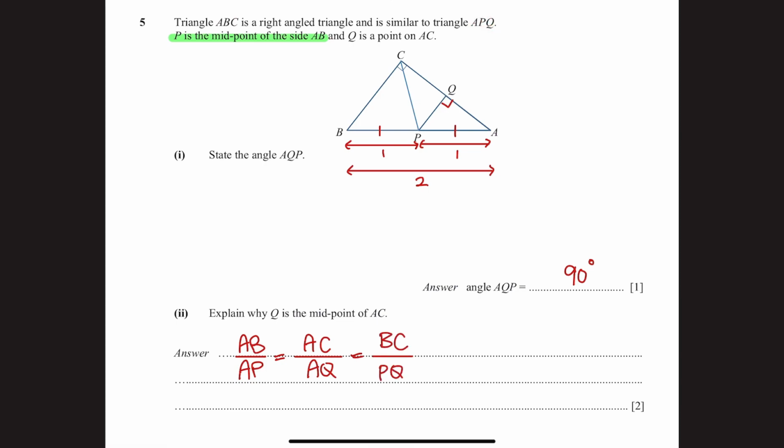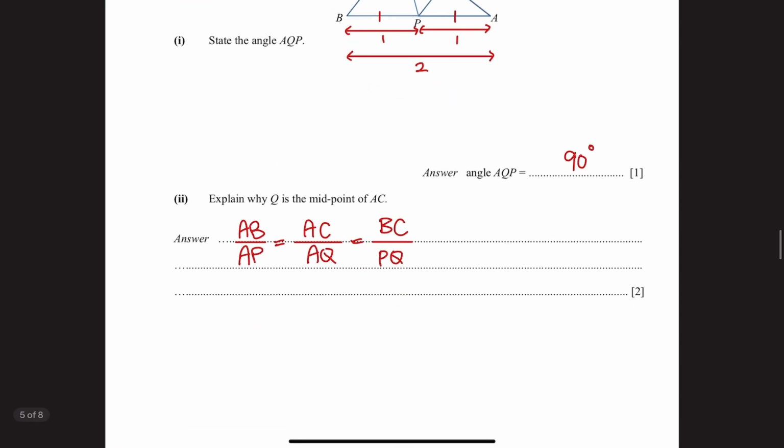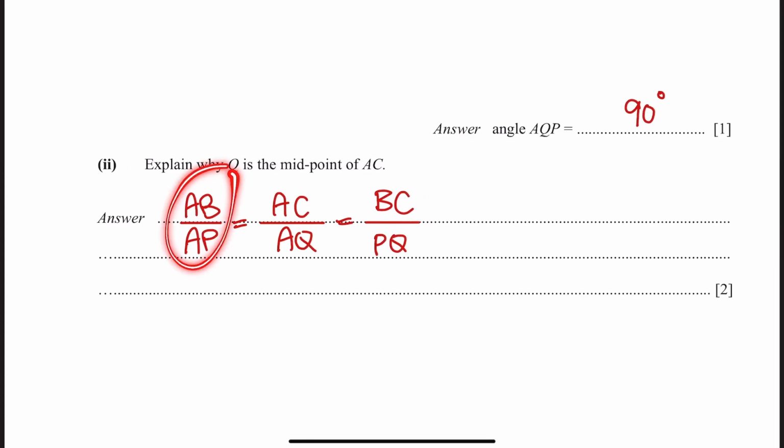And I know that since P is the midpoint of this side over here, AP is 1 unit while AB is 2 units. So this means that this ratio here is half, which is equal to AC over AQ, which is equal to BC over PQ.